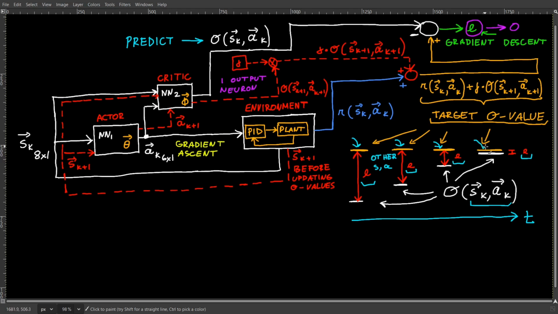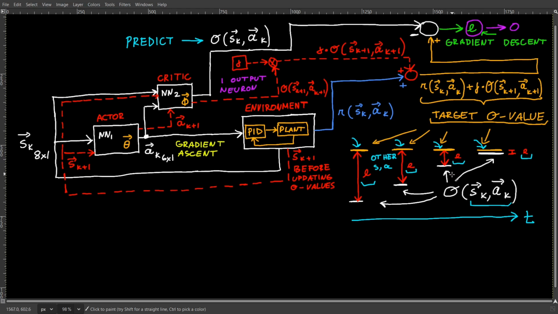And you would ideally want the target Q values to be constant at these time instances for this specific state action pair, because then it's easier for the algorithm to drive this error to 0.